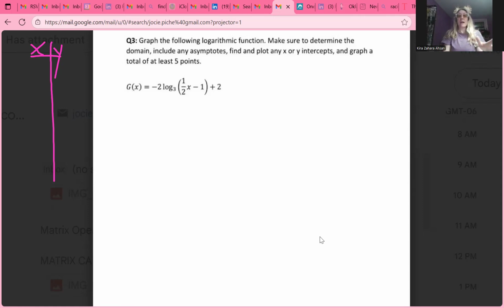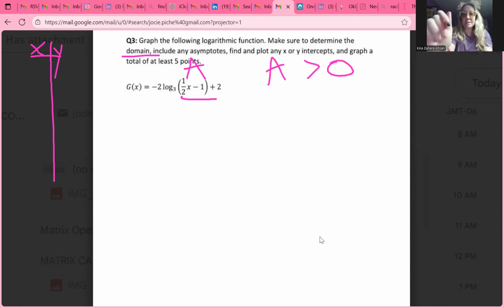So before I dive in and choose any points, let's figure out what our domain restrictions are. Domain restrictions are very important, and there are only really three that you need to remember. The first is that the argument of a log, so we'll call that A, always has to be greater than 0. It cannot be negative, so you cannot use the equal sign.